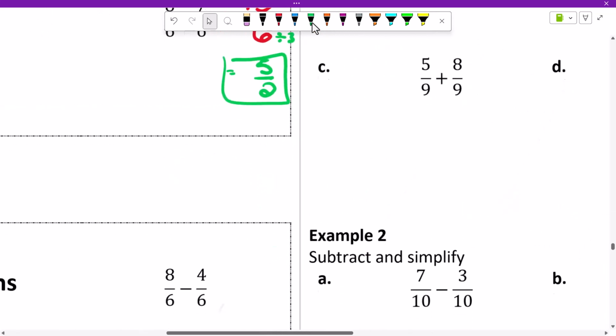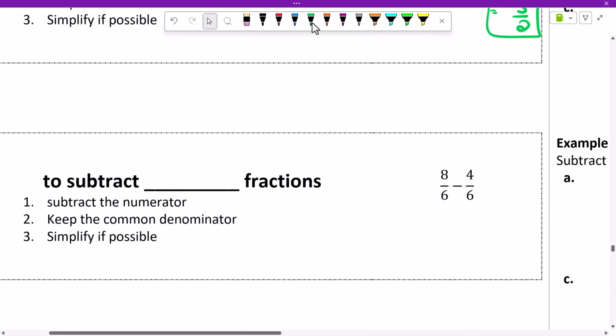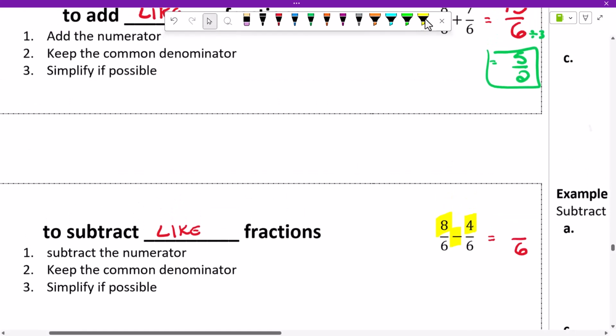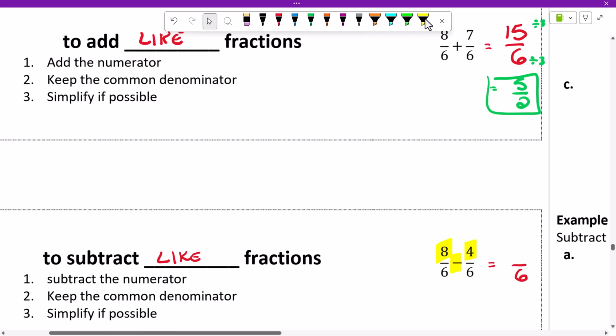Now, subtracting like fractions is just like adding the other day. It's the same rules. The bottoms stay the same, and you just subtract the tops. 8 minus 4. What's 8 minus 4?